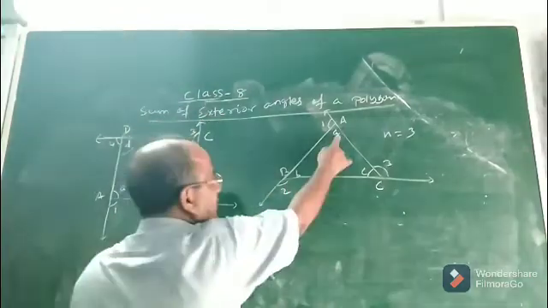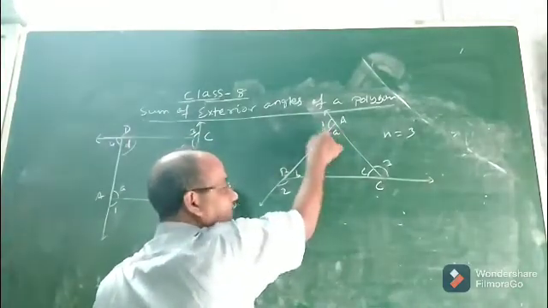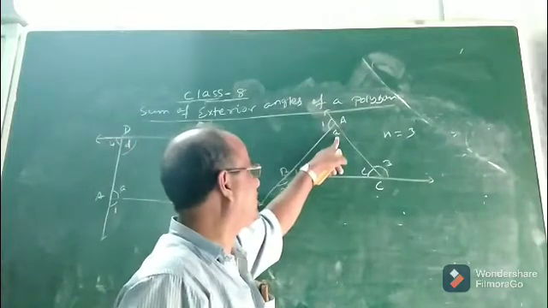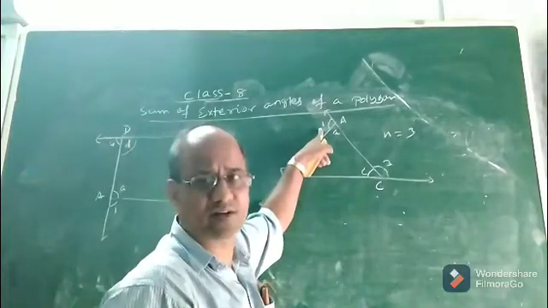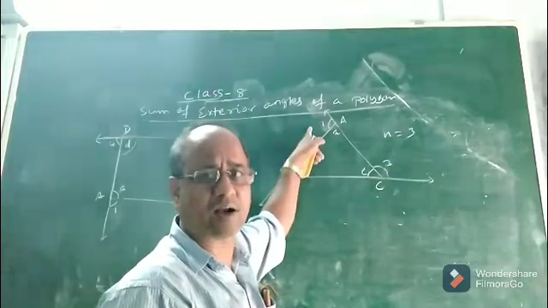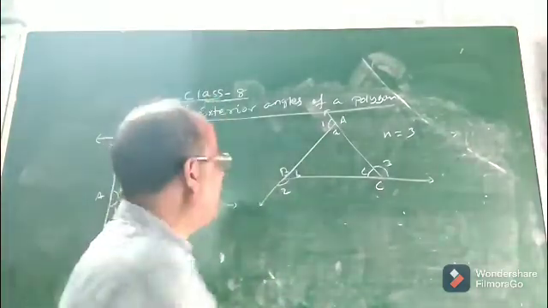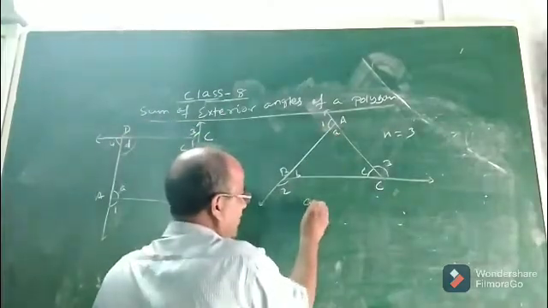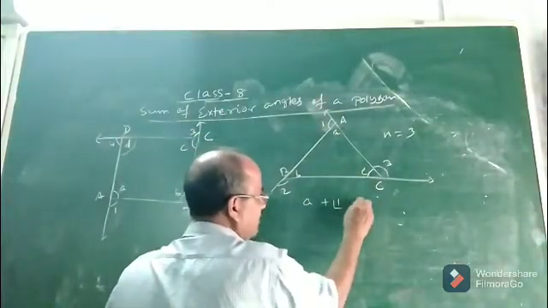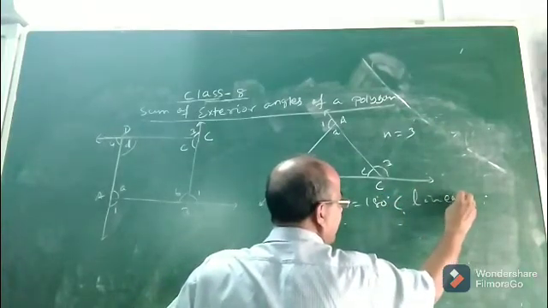How? You see. Now look at angle A and angle 1. What angles do they form? This is your interior and this is interior adjacent. You know what is the relation between an interior angle and an interior adjacent angle. They always form a linear pair. So angle A plus angle 1 must be 180 degree because they form a linear pair.